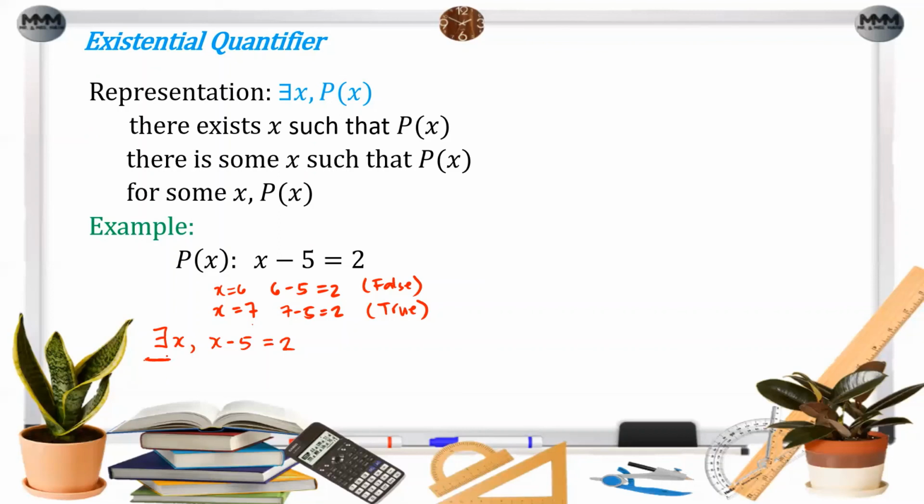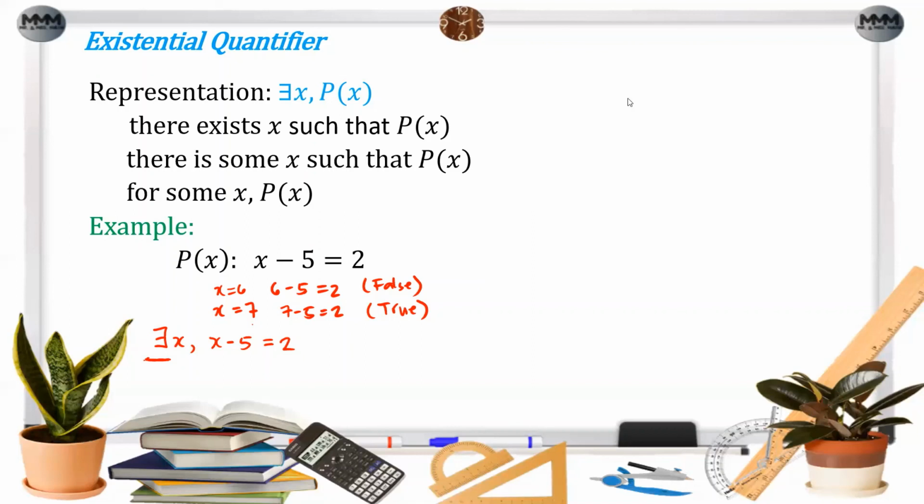Hence, it is not true in general. No, it is not true for any value of x, for any real number x. So from the word itself, existential, the existence of that value to which our predicate becomes true.